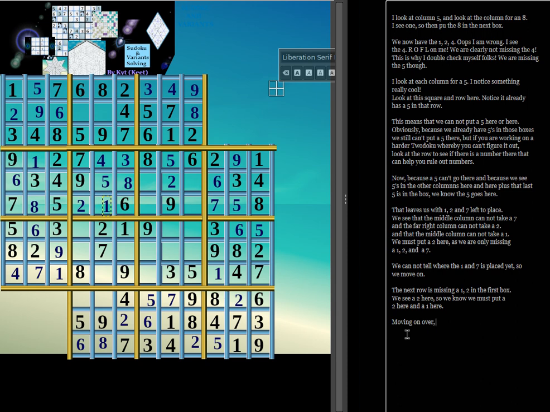Moving on over, we are missing the 3 and 4. We look at the first column here. I see a 3, which means we must put the 4 here and 3 here.